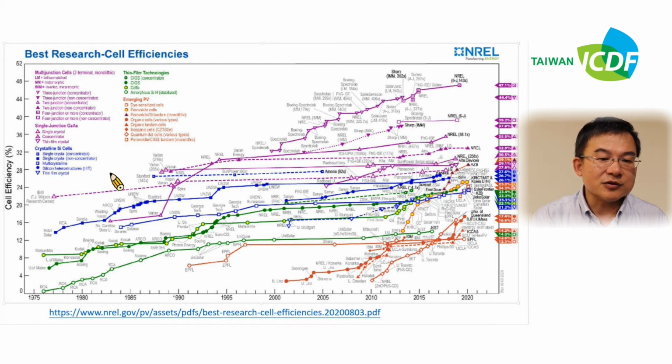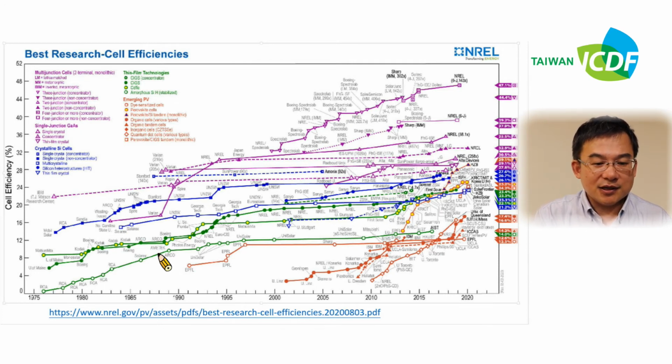The first one I will talk about is the amorphous silicon. The efficiency of the amorphous silicon solar cell started from 1%, and now is improved to 10%. For commercial application, more than 10% efficiency is good.